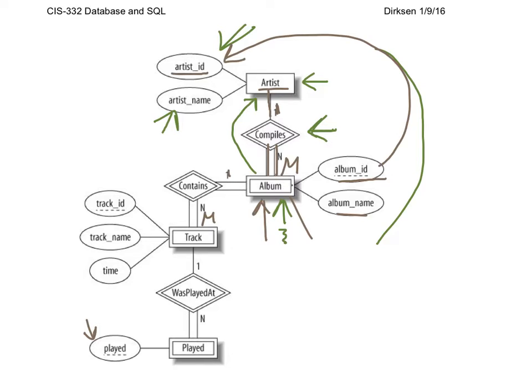Now, a couple other things we need to find out here. This artist's name, that could be a composite, right? Because it could be first name and last name.